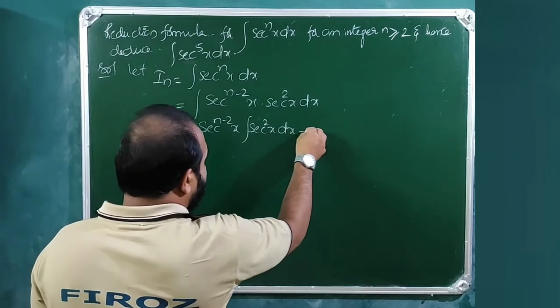These two are constants, so I have separated them from the process of integration. Minus into minus is plus. Integral of cos power n minus 2 x into sin x into sin power m plus 1 x. Sin x means sin power 1 x. So bases are equal, exponents are to be added, m plus 1 plus 1. So sin power m plus 2 x dx.